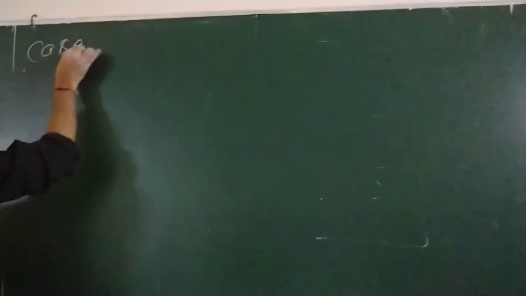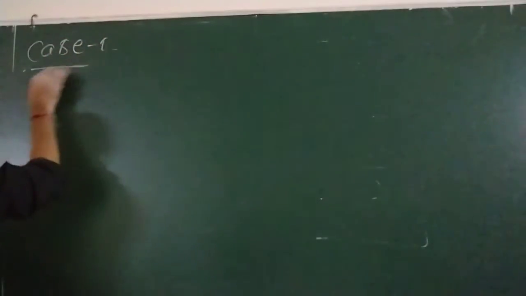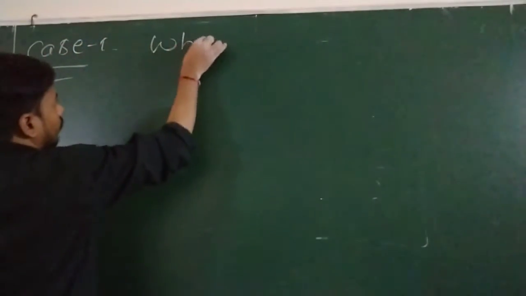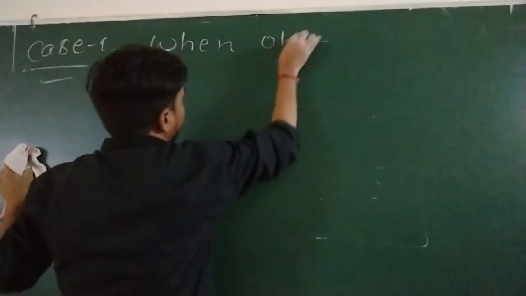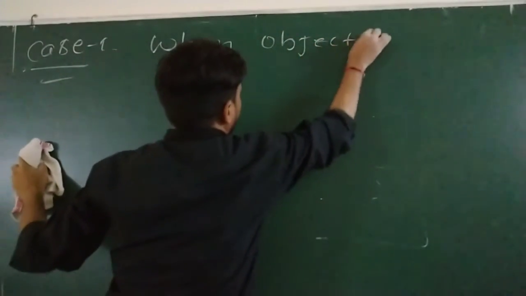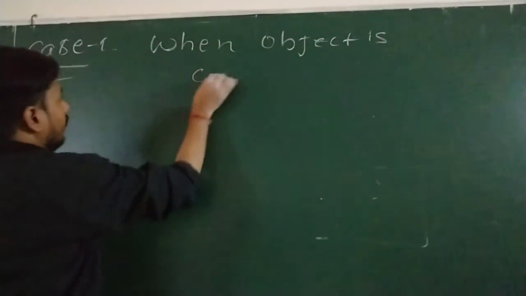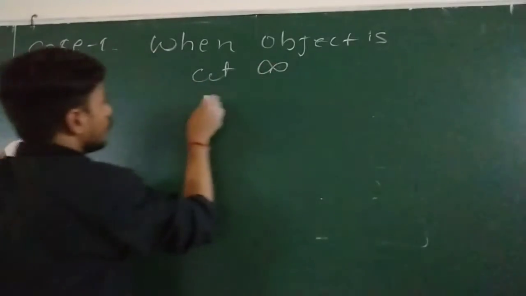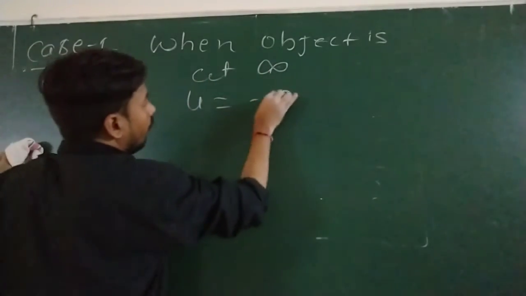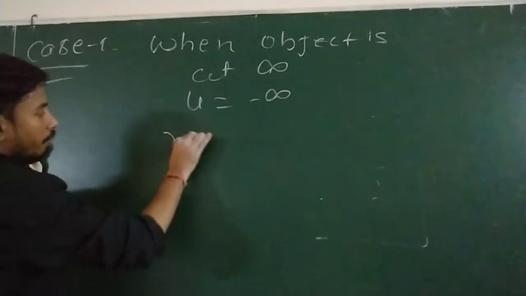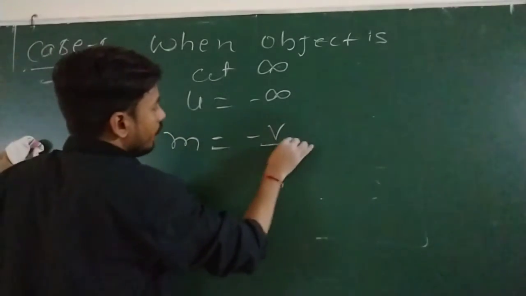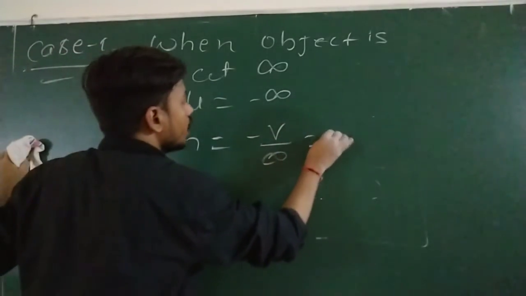When the object is at infinity, u is equal to minus infinity. So magnification becomes minus v by infinity, which means 0.